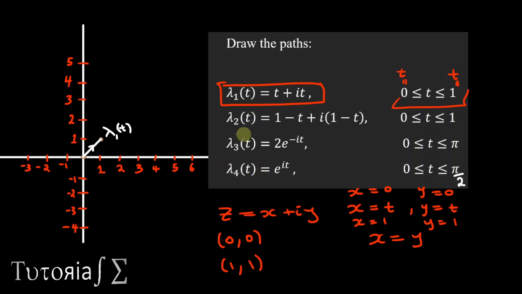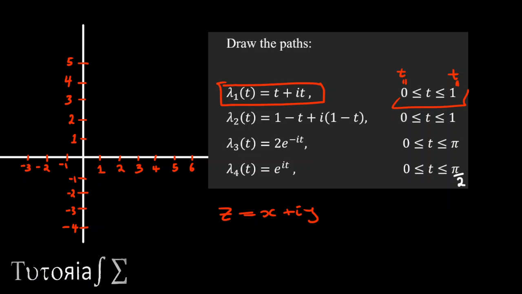Same thing with the second part. We're not going to use the same xy plane, so let me clear the plane out. All right, now we are on the second path. Again, we know that a complex number is written as x plus iy, where x is the real part and y is the imaginary part.